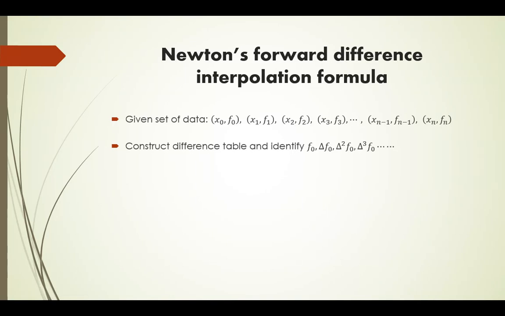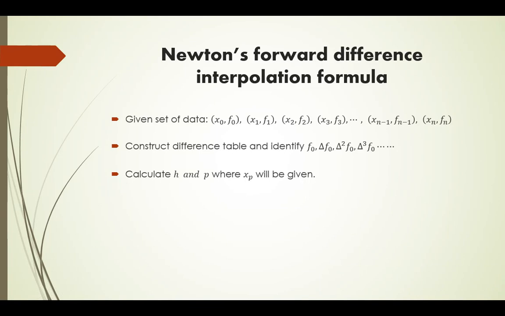We have already studied how to construct a difference table and identify the differences of a functional value. If you take your copy and study the first lecture, there we studied how to identify delta f0, delta square f0, delta cube f0, and so on. So first of all, you need to construct a difference table and identify these values.